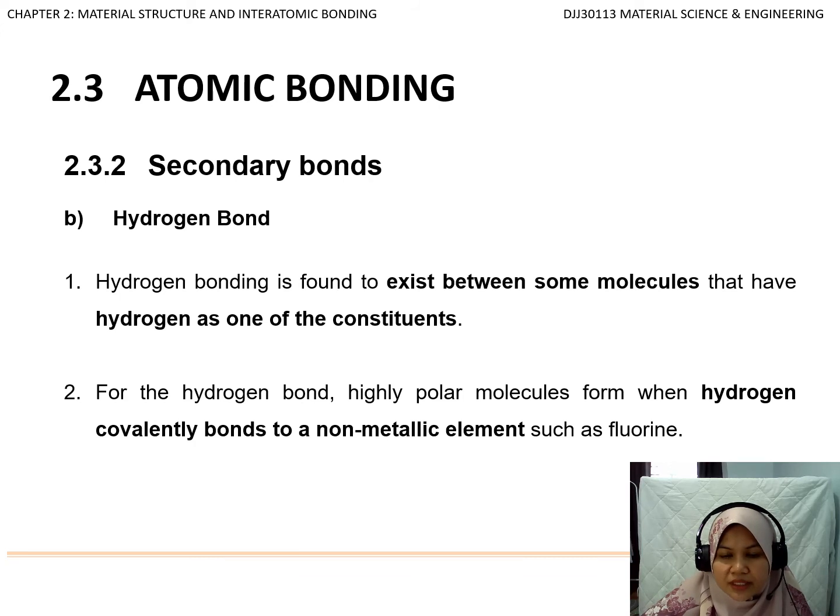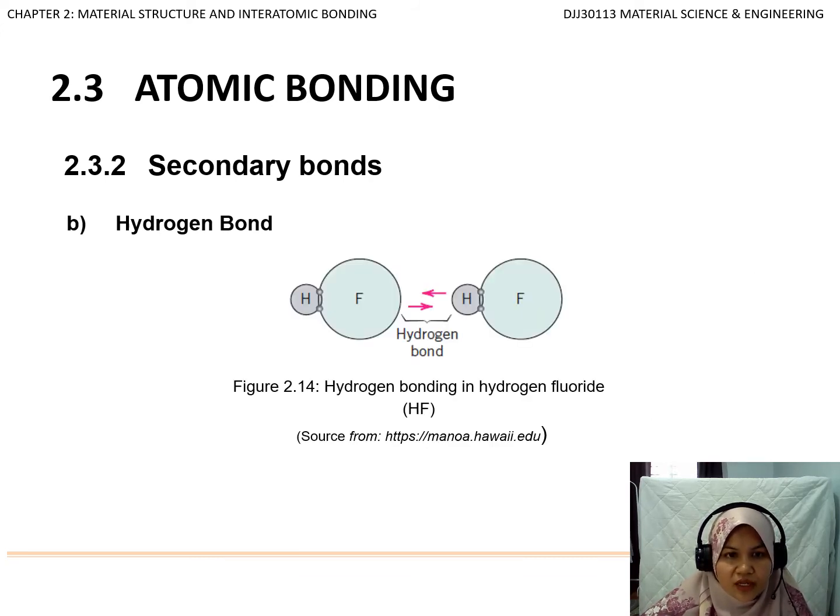This is hydrogen, this is fluorine. So they will be attracted to each other, interact between them. For more info, you can Google it for secondary bonds, dipole and hydrogen bonds.